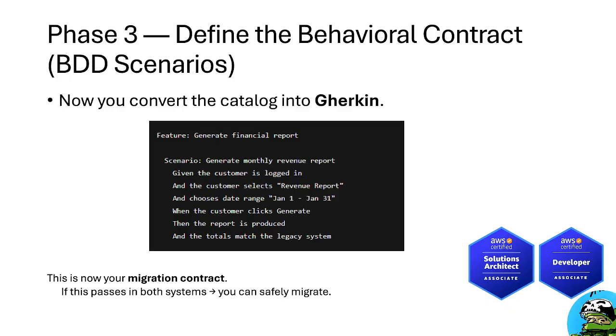So phase 3, define the behavior contract, BDD scenarios. Now you convert the catalog into Gherkin. We covered this in our previous video, where we explored how to integrate BDD into our web application. Here we define those behaviors into a contract, because this BDD will be part of the test automation, and our tests will change if the Gherkin changes.